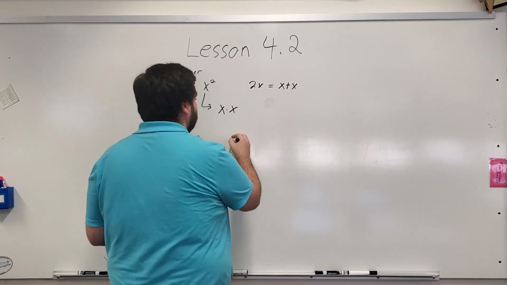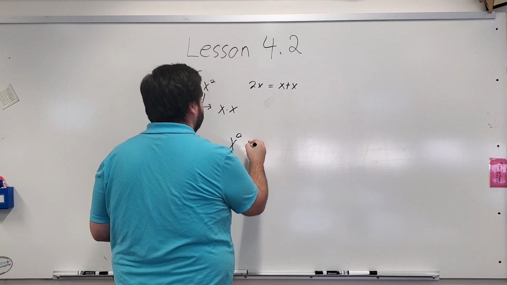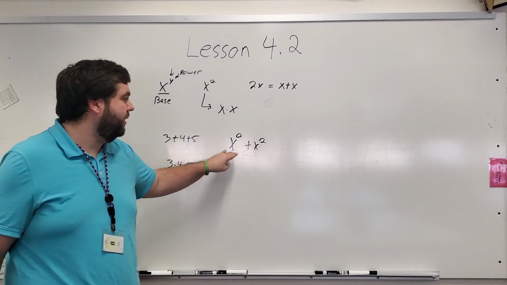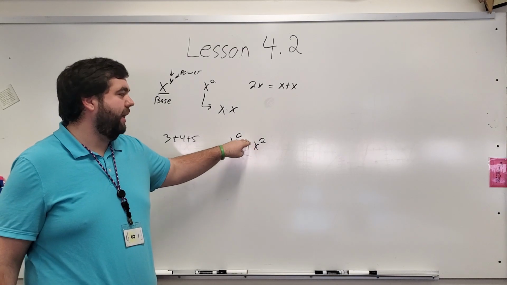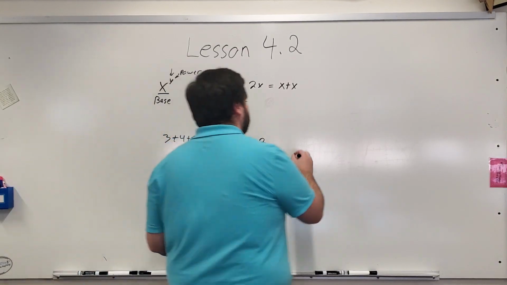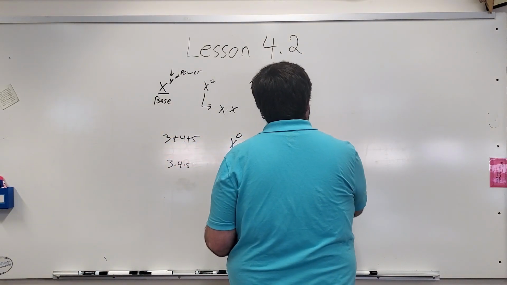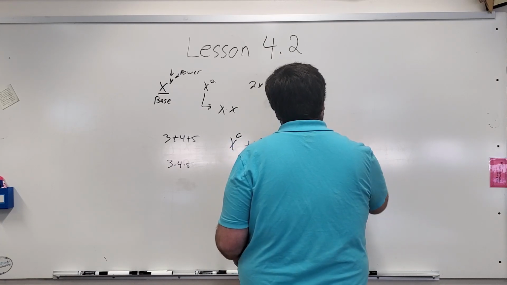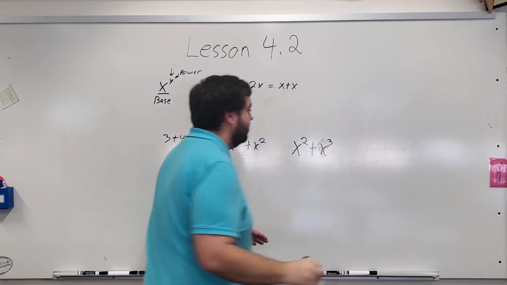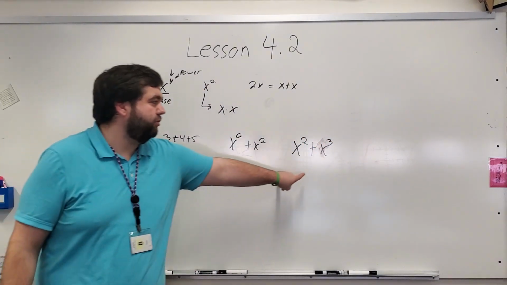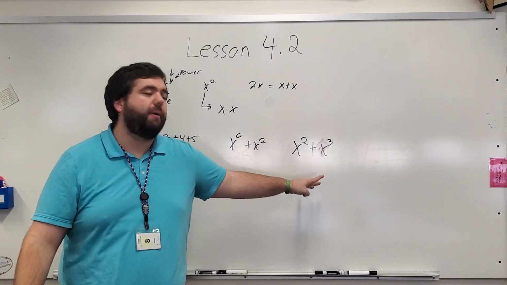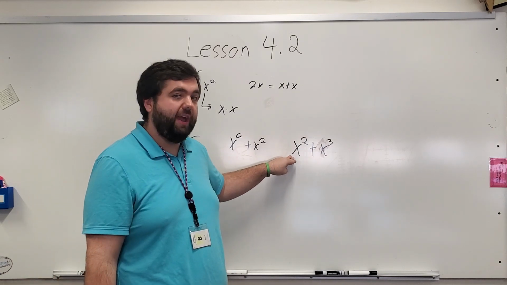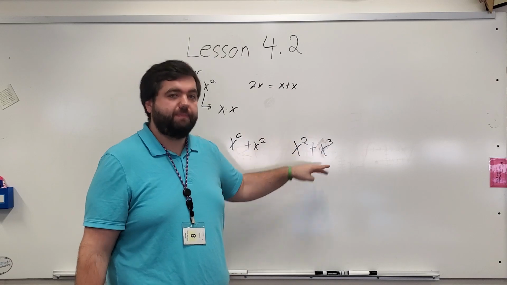So for example, x squared plus x squared are like terms. They're both base x, power 2. X squared plus x cubed are not. I can't do anything with them. They cannot be combined. They are not like terms. Though both the bases are x, the powers are different.